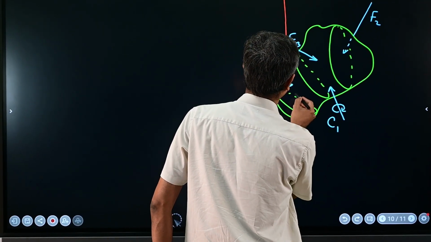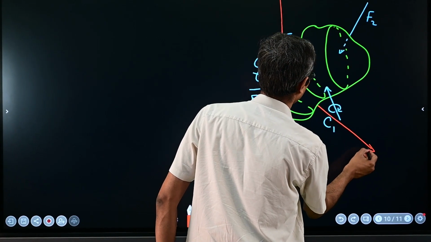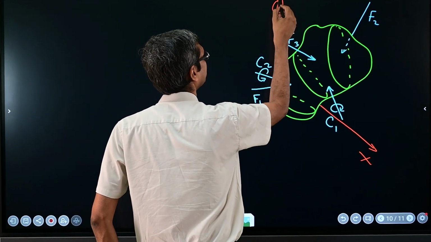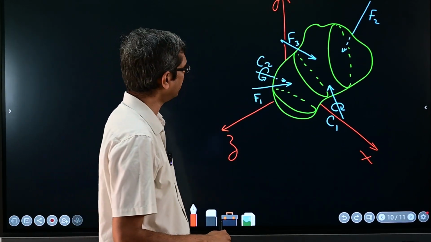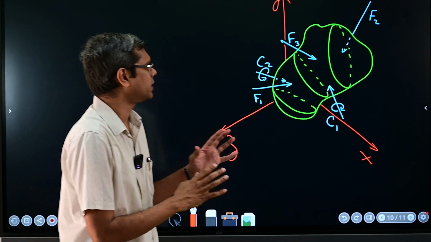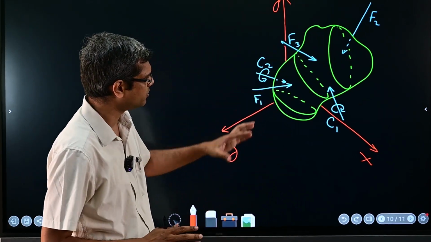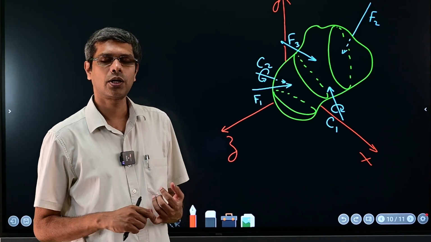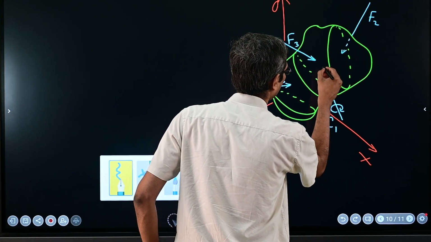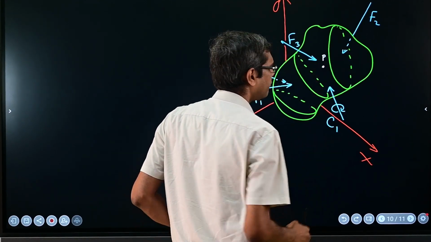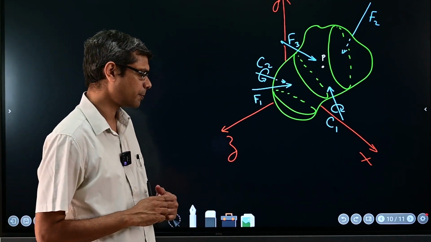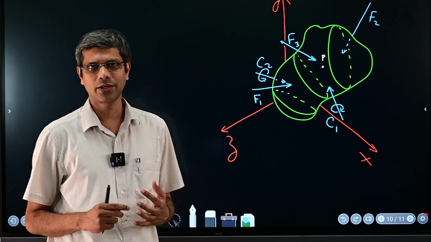So this is X, this is Y, and this is Z. Now when this general body is subjected to these many forces and couple moments, and we are looking at a point somewhere inside the body, say the point P, and we are asking what is the stress at that point, first we have to define what exactly we mean by this question.